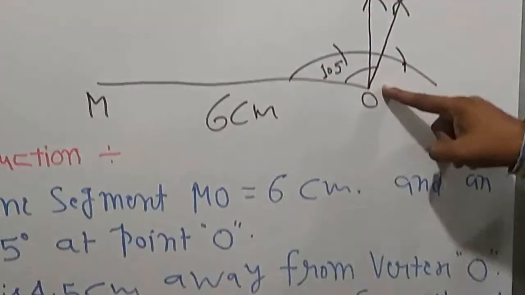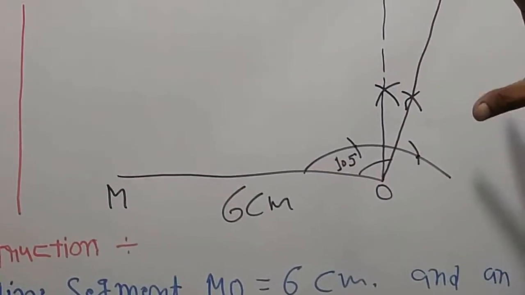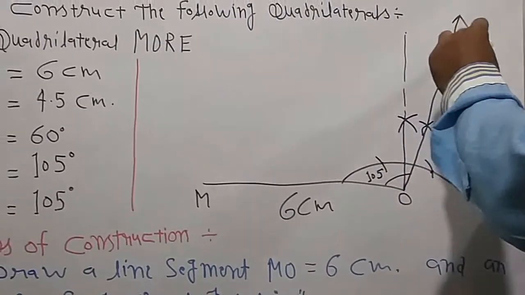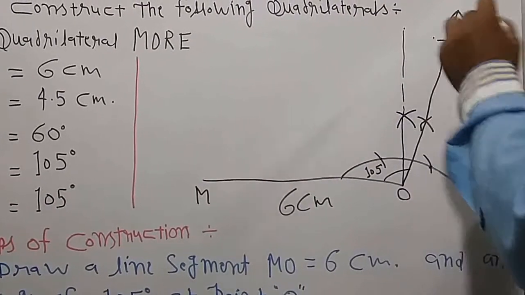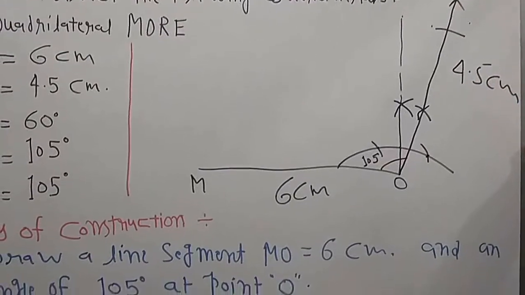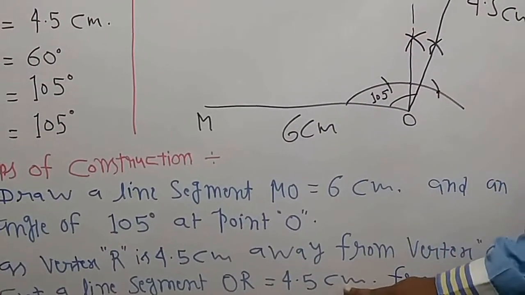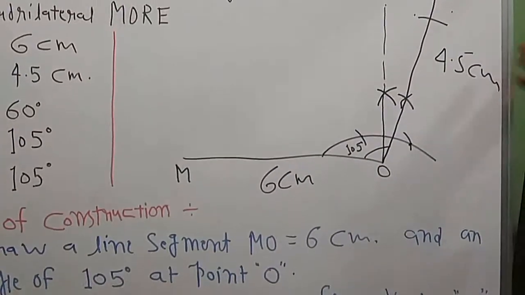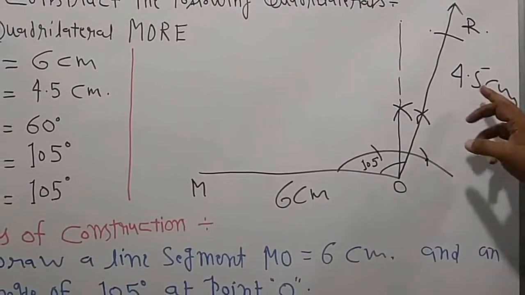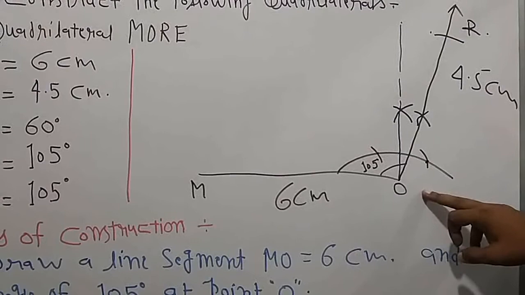This is O. Now we open our rounder 4.5 centimeter and draw one more arc on this particular line. It gives you OR equal to 4.5. This is O, this is your R. It is 4.5 centimeter away from the O point.